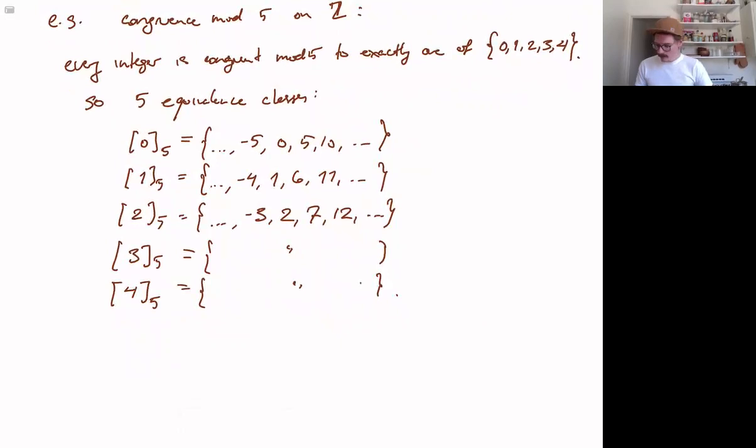I'll be lazy and write dots for a 5-element set. This statement, that every integer is congruent to exactly one of these numbers, reflects the following general property.